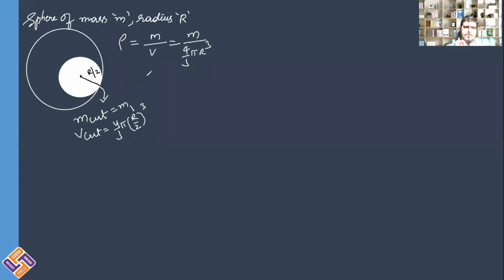Therefore rho can be written as mass of the cut portion divided by volume of the cut portion, m1 divided by 4 by 3 pi into r by 2 whole cube. Now as we know, rho is equal to m divided by 4 by 3 pi r cube.